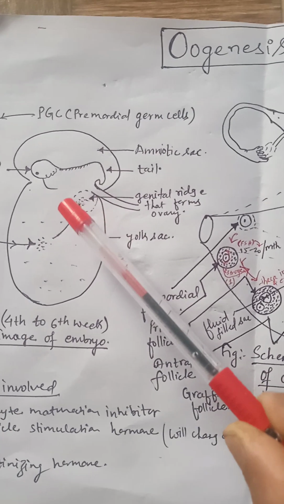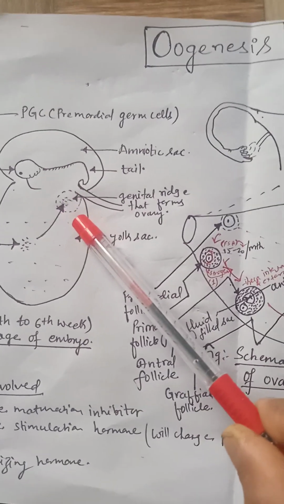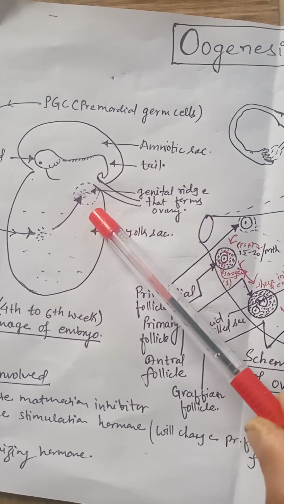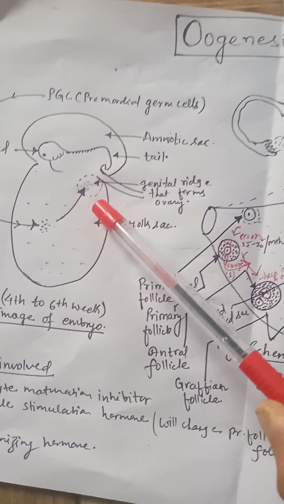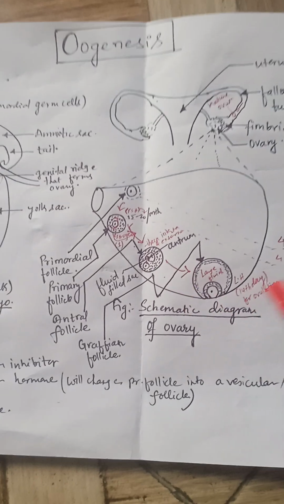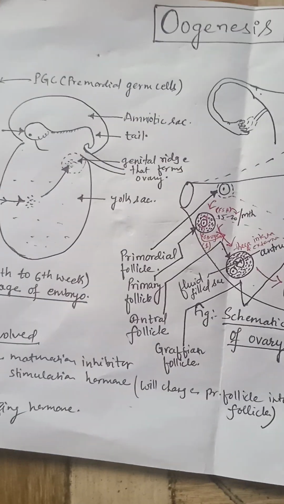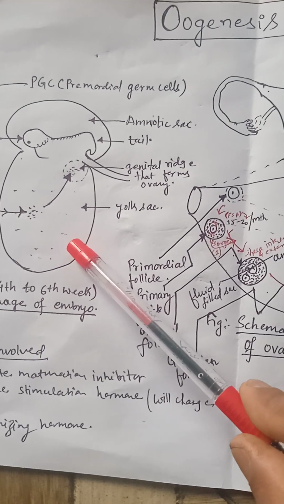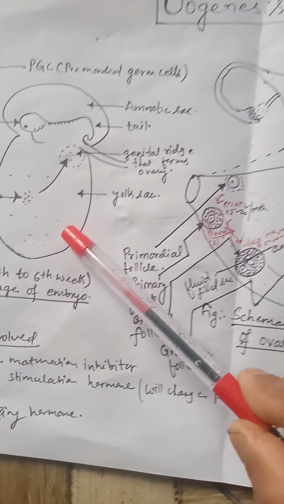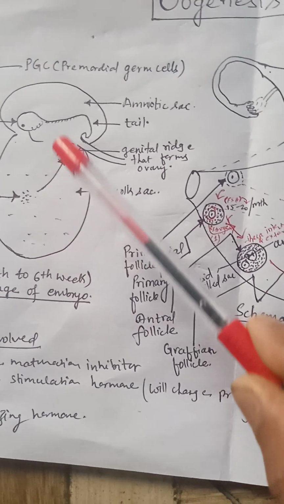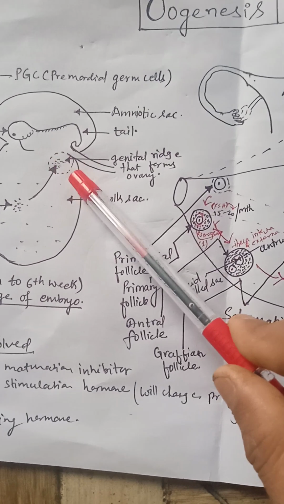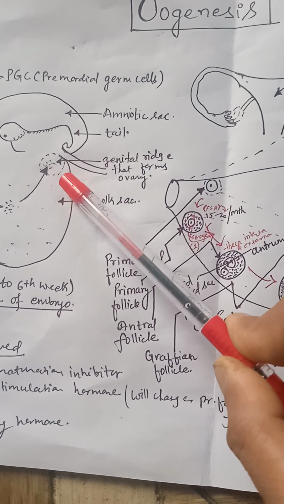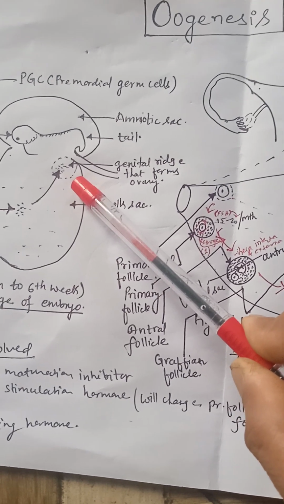Anyway, there is differentiation in the genital ridge, and then finally there is the formation of a gonad called the ovary. Here you can see the schematic diagram of the ovary. Those primordial cells which have divided into an innumerable number of cells and formed the ovary are in the form of diploid oogonium. Okay, they are in the form of diploid oogonium.